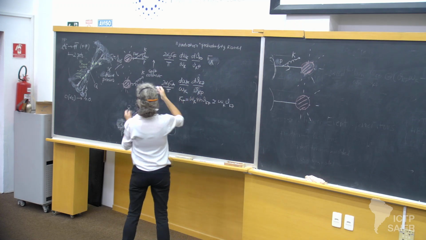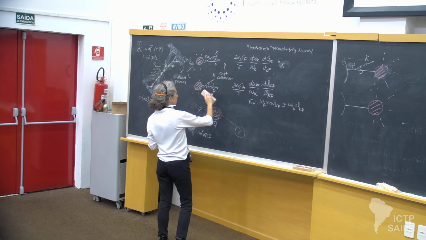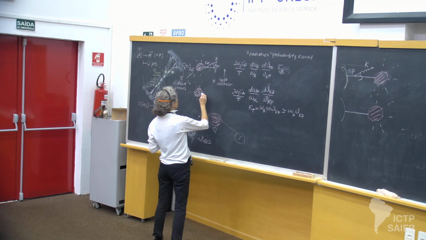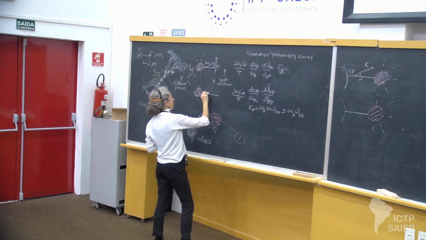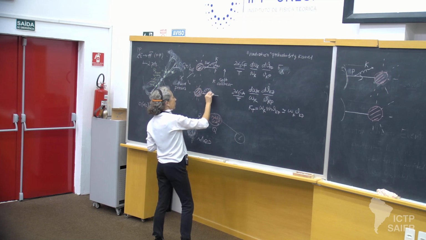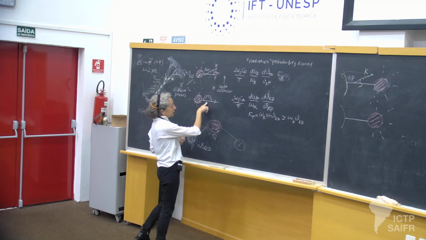So in the case that we had here on the blackboard, instead of having the gluon here, let me draw here the virtual part. This is just descriptive, like a correction to the external leg that is a virtual correction.